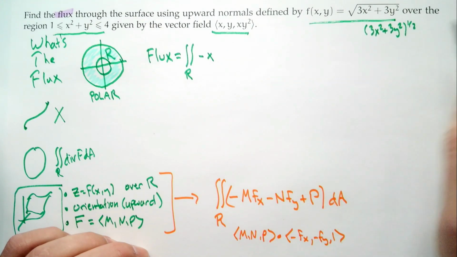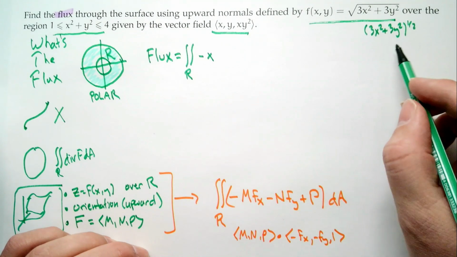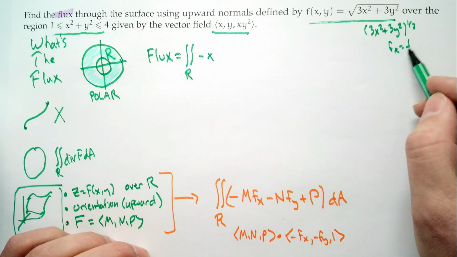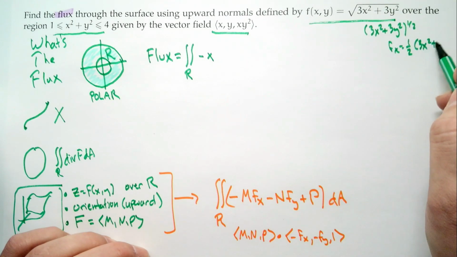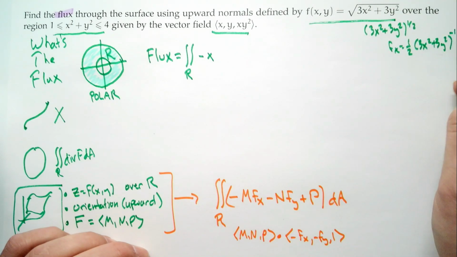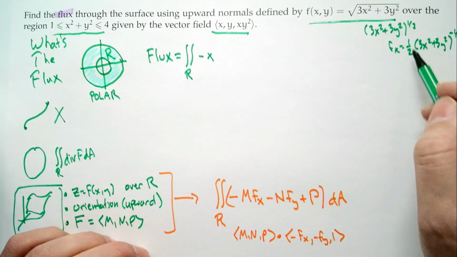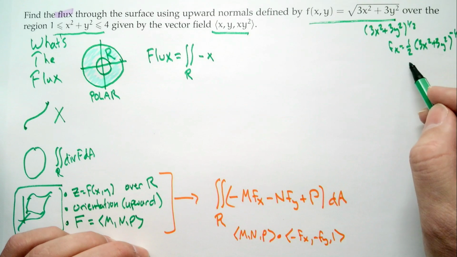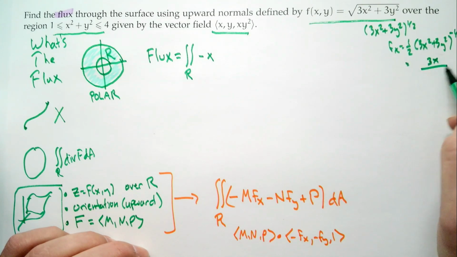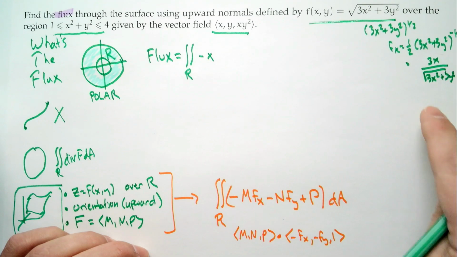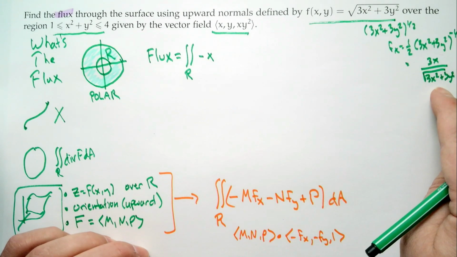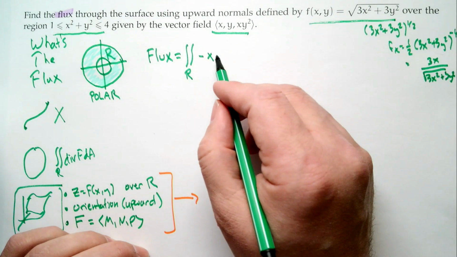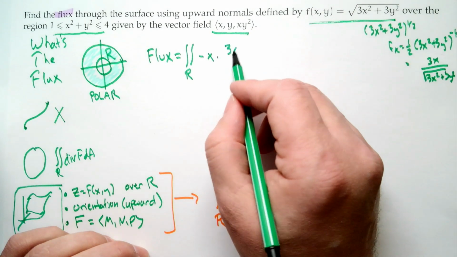If I take the derivative with respect to x, the 1/2 comes down, giving 3x squared plus 3y squared to the minus a half, times 6x. The half goes into 6, which leaves us with 3x over the square root of 3x squared plus 3y squared. So there's our f_x, and there's our minus M f_x.